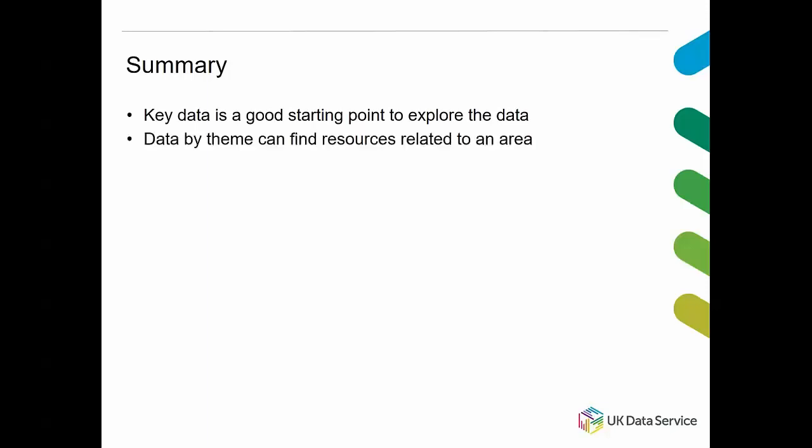Now I would like to provide a short recap of the webinar today. So first of all, a good way of starting your data exploration is using our key data search. Data by theme is useful when you look for data that taps into a particular research area.